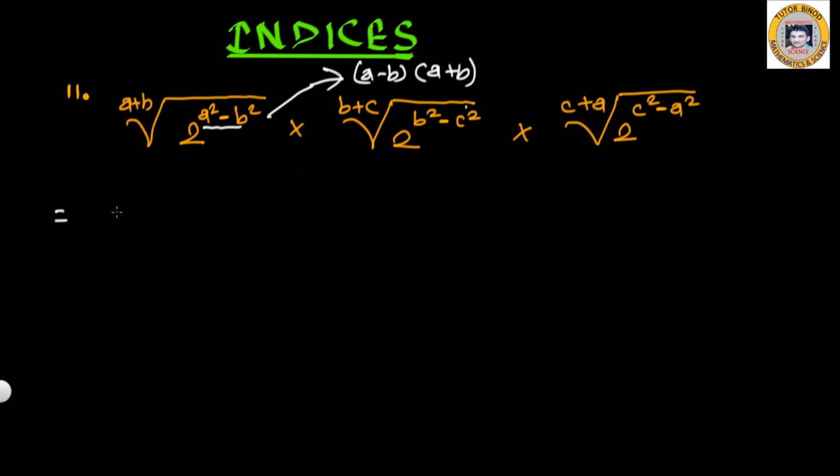And also, if you have x to the power nth root of x, then you would be getting x to the power 1 over n. Similarly, in this case, it would be 2 to the power this times 1 over this term.